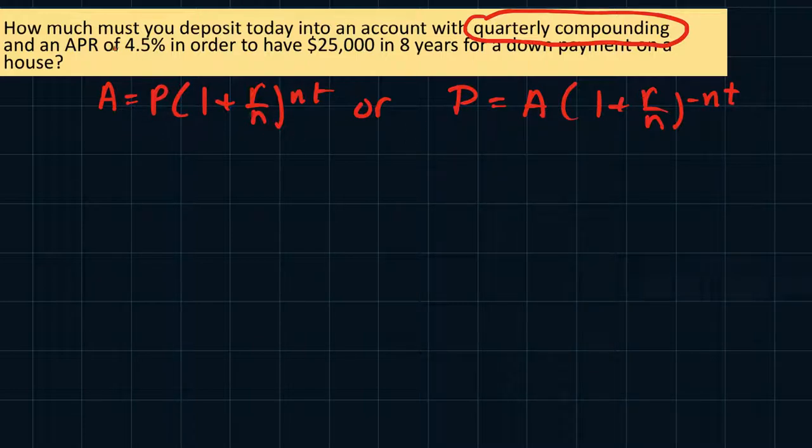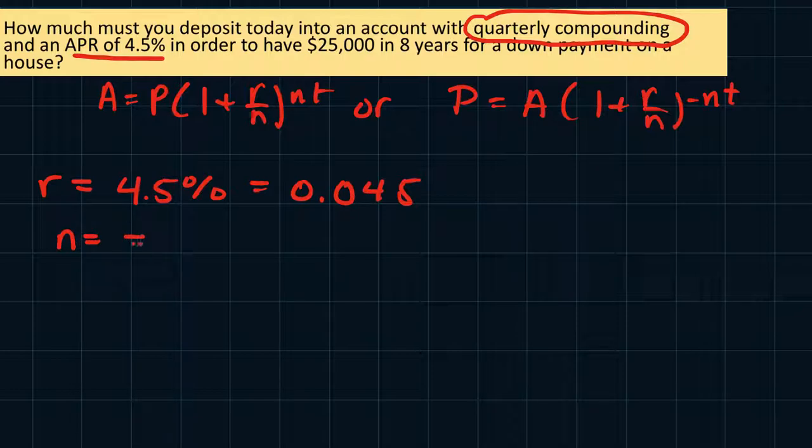Let's see what information we're given. We're told that we have an APR of 4.5%. Remember that r is 4.5% written as a decimal, which is 0.045. Remember, to convert a percentage to a decimal, you move the decimal over 2 places to the left. n is the number of times a year we compound.